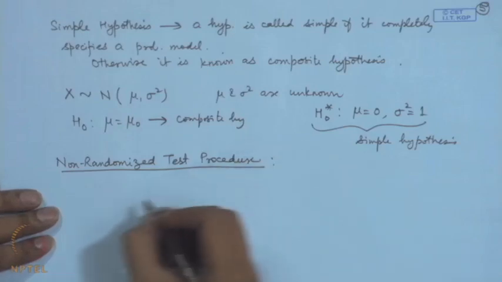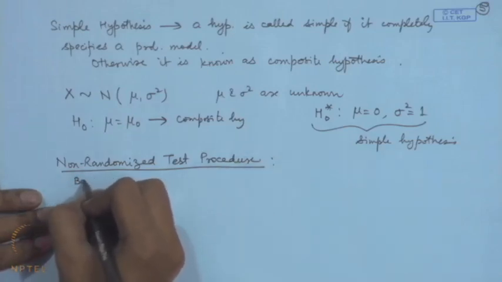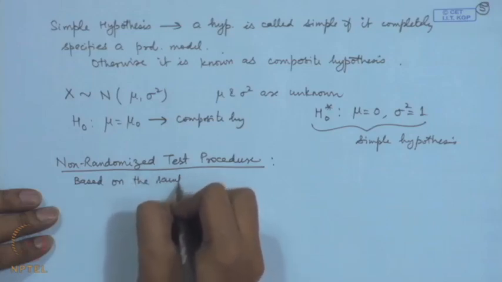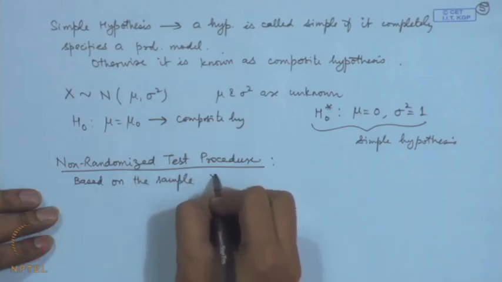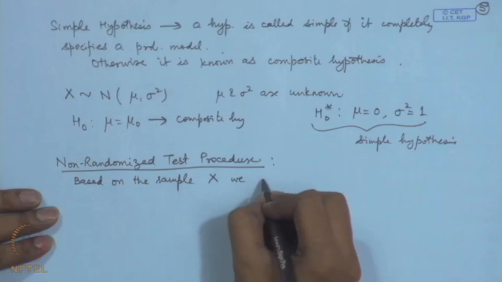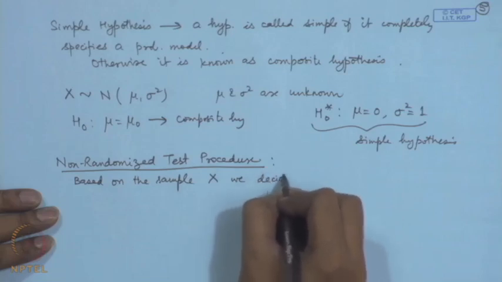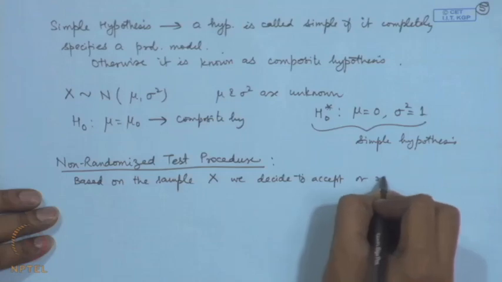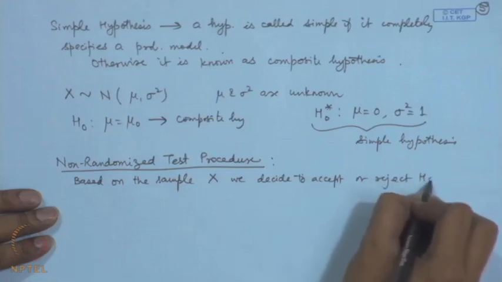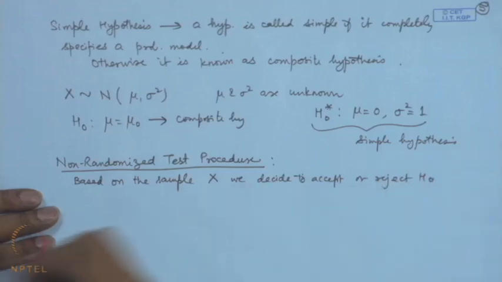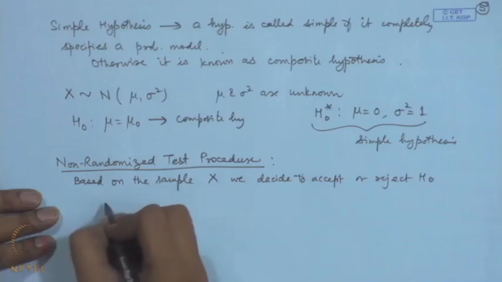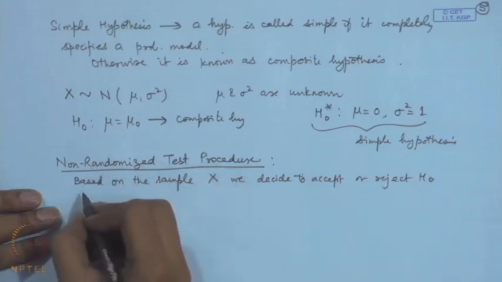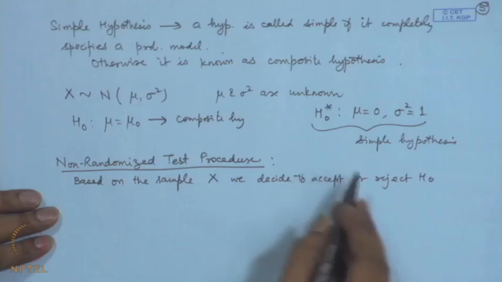Based on the sample x, we decide to accept or reject h naught. That means a decision rule, a non-randomized test procedure, is nothing but this procedure.